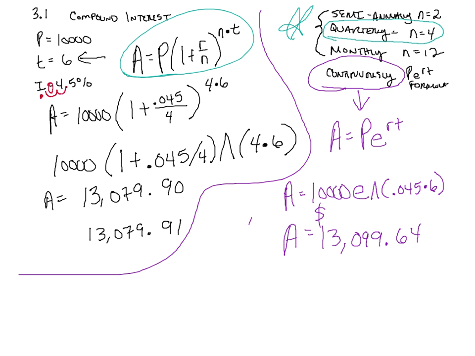It's only $20 more over the life of the investment, but if you're talking about a loan, you're paying $20 less over the life of the loan. So, you know, almost six of one, half a dozen of the other, but you'd be $20 richer with the continuously compounding, or $20 poorer if you're taking out a loan there.